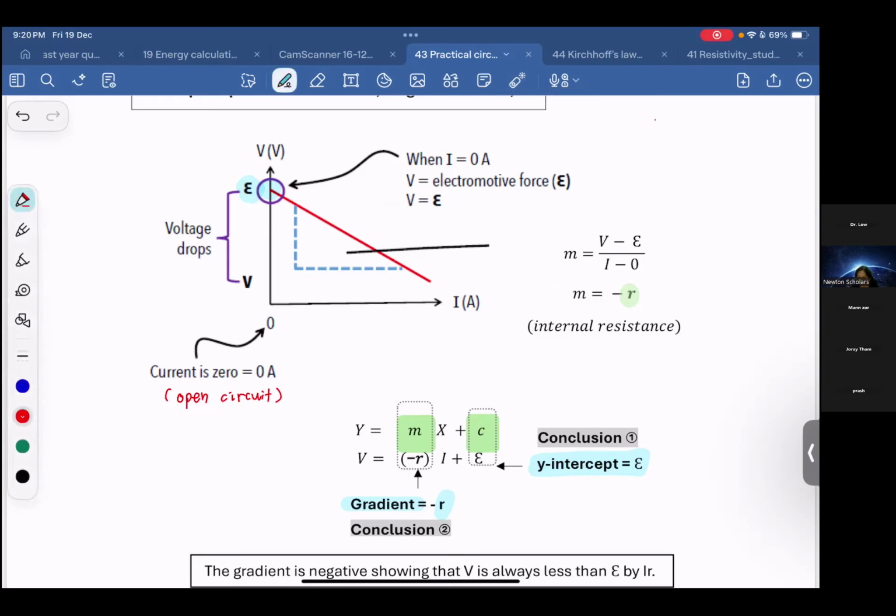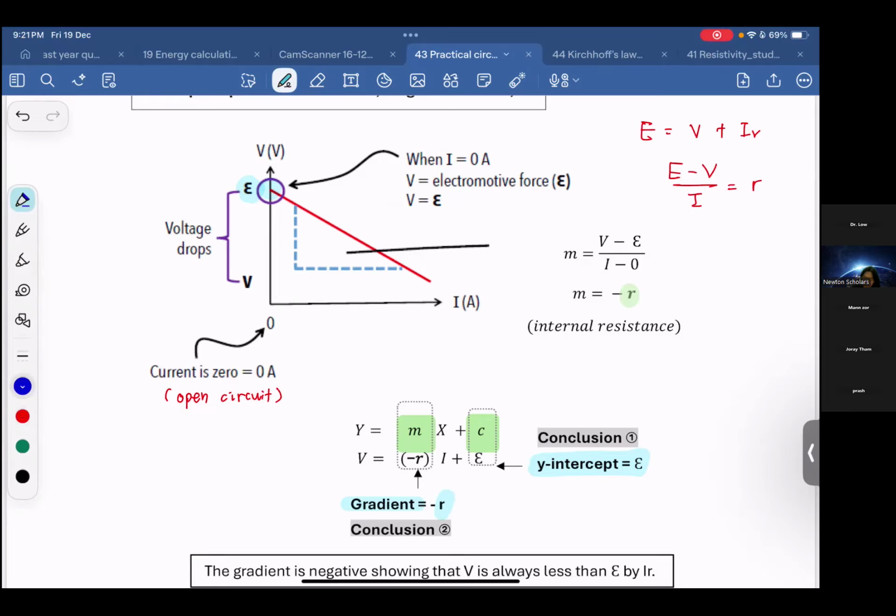Okay, if I use the EMF, EMF equals V plus Ir. We can use the symbol E. So E minus V divided by I is r. Am I right? Okay.